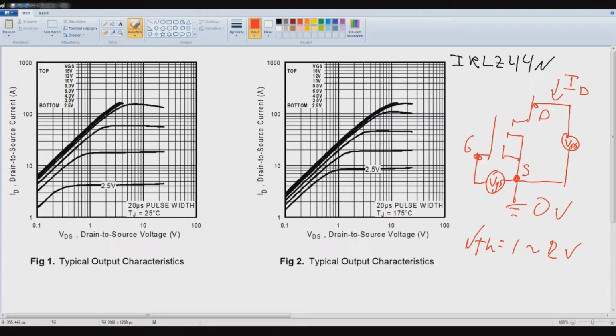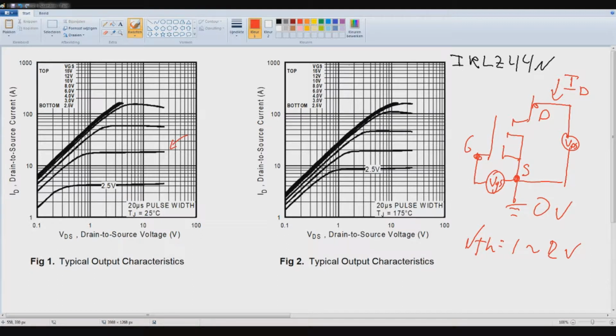You can't just use any voltage. You must look at the datasheet for the optimal voltage. If you go further, we see better results for higher voltages.